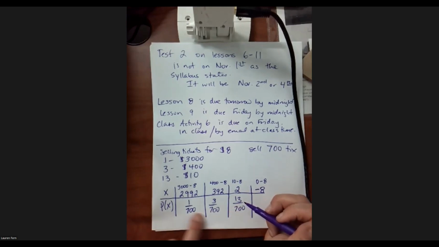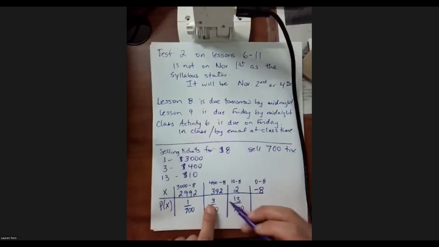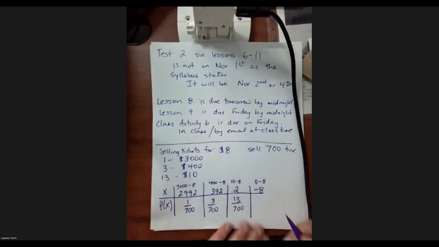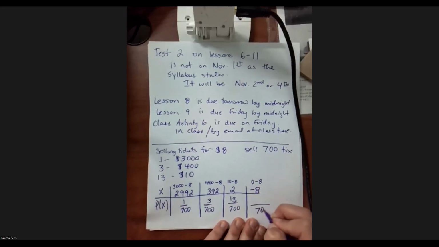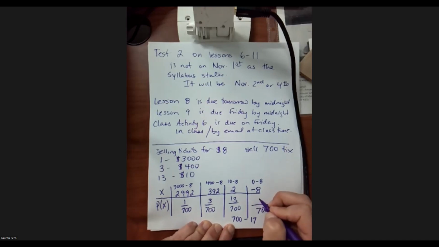Well, there's a total of 700 tickets. How many of them are quote unquote winners? Well, 13 plus 3 plus 1, or 17. So aren't 700 minus 17 losing tickets? And what is 700 minus 17?